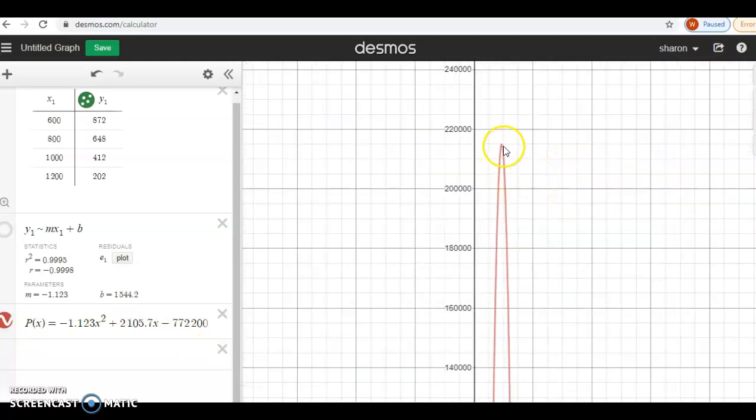And so at the tippy top of it, this is what our equation will be.